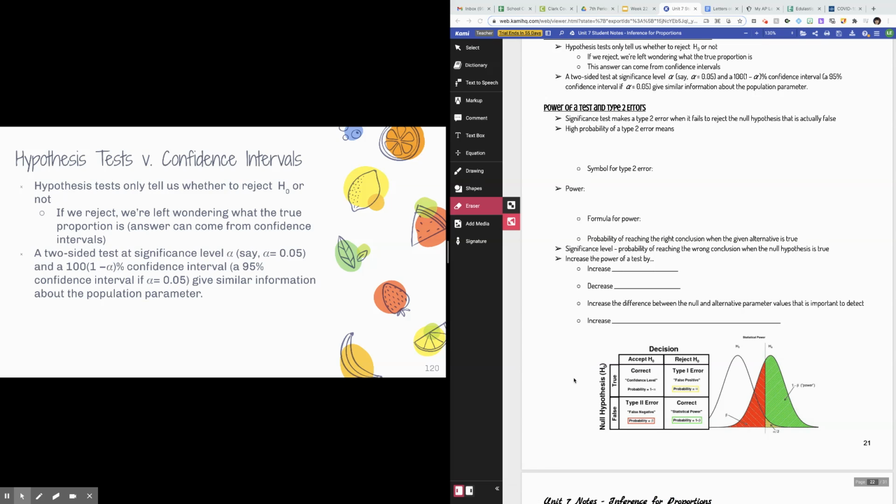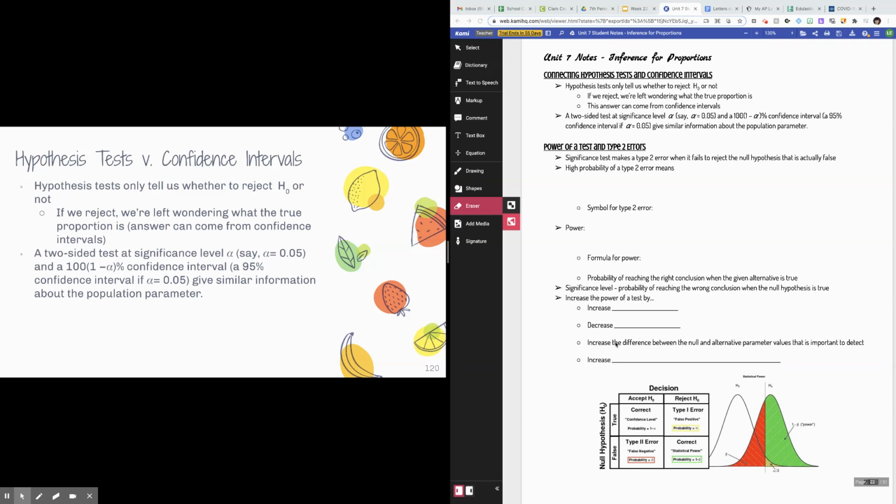Okay, so really quickly, very brief. Hypothesis tests versus confidence intervals. They're both very useful inference tools. Hypothesis tests, though, only tell us whether or not to reject a null hypothesis. If we end up rejecting the null hypothesis, then we end up wondering what that true value might actually be.